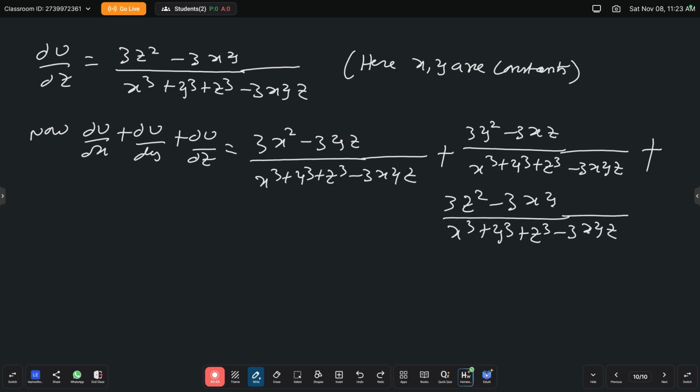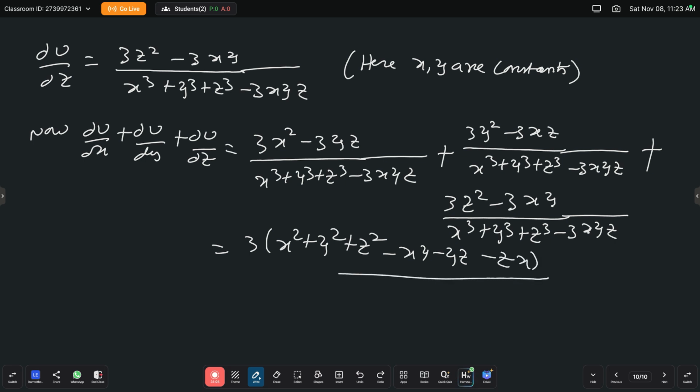So adding this, now simplify, equals 3 into (x square plus y square plus z square minus xy minus yz minus zx) by, in the denominator, (x plus y plus z) is a common factor.